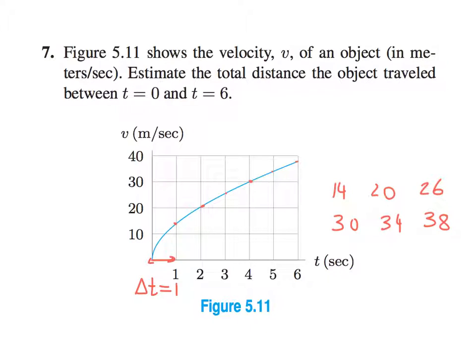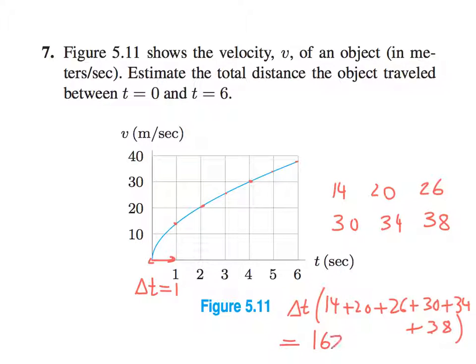So we would just have to do delta t times the sum of all these: 14 plus 20 plus 26 plus 30 plus 34 plus 38. And if we compute this, we'll obtain 162 meters.